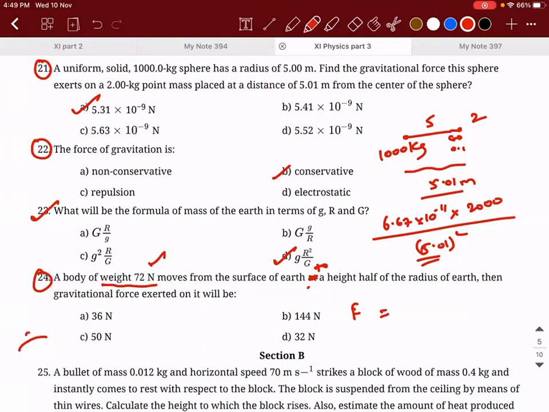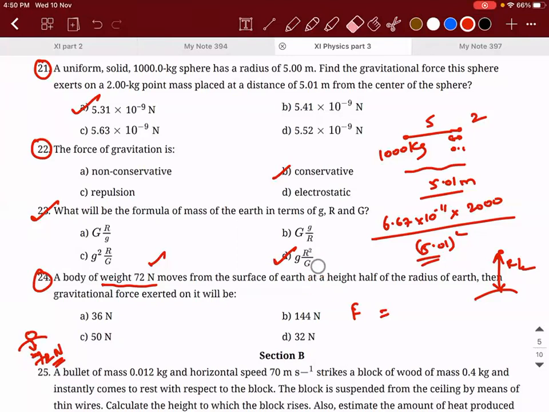The weight of the object here is 72 Newton. When it is moved to a certain height, what will happen? This is R by 2. Actually, this question doesn't make sense to me. Why, sir? I'm just worried about this part. Read the question carefully.